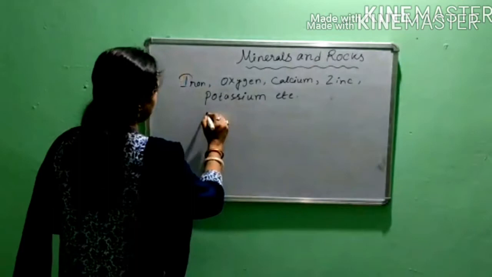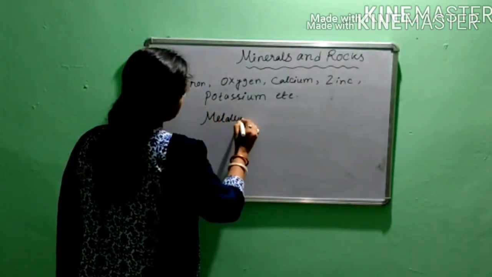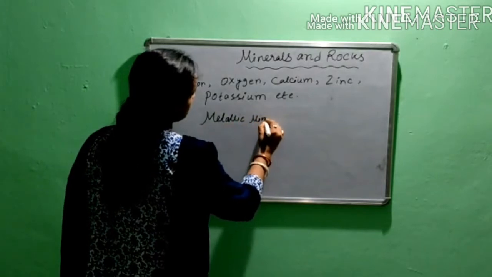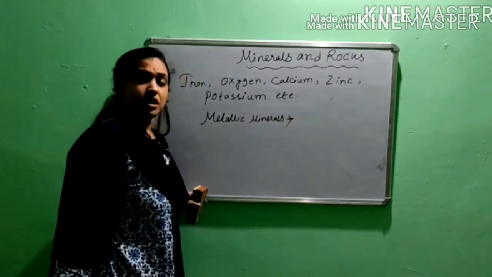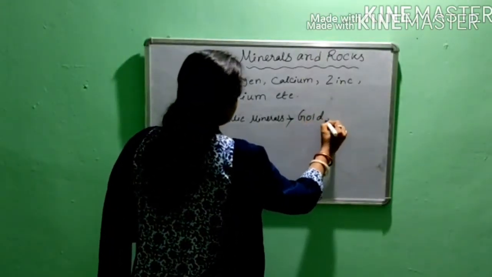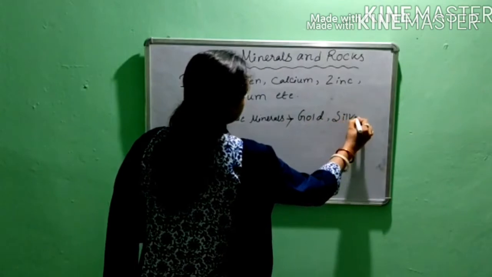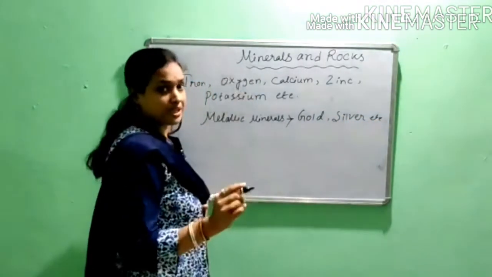So here we write metallic minerals. Metallic minerals are gold, silver, etc. These are examples of metallic minerals.